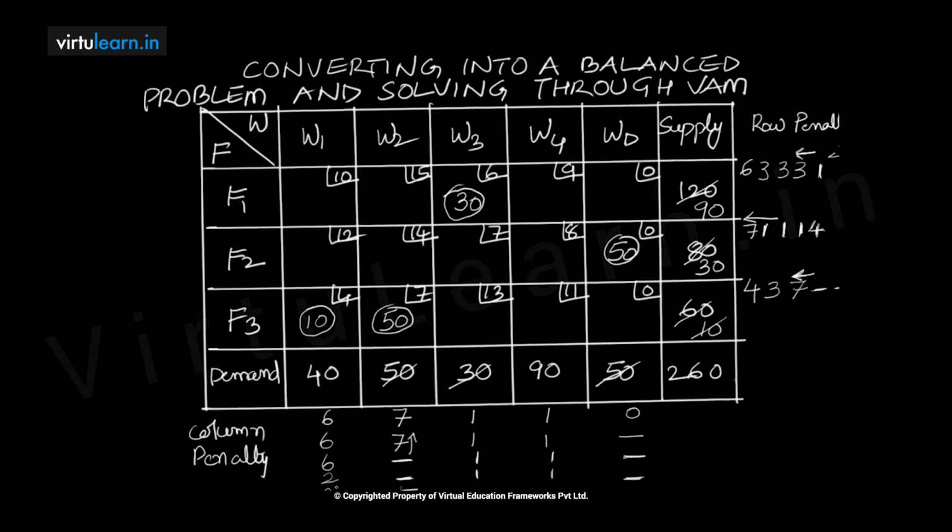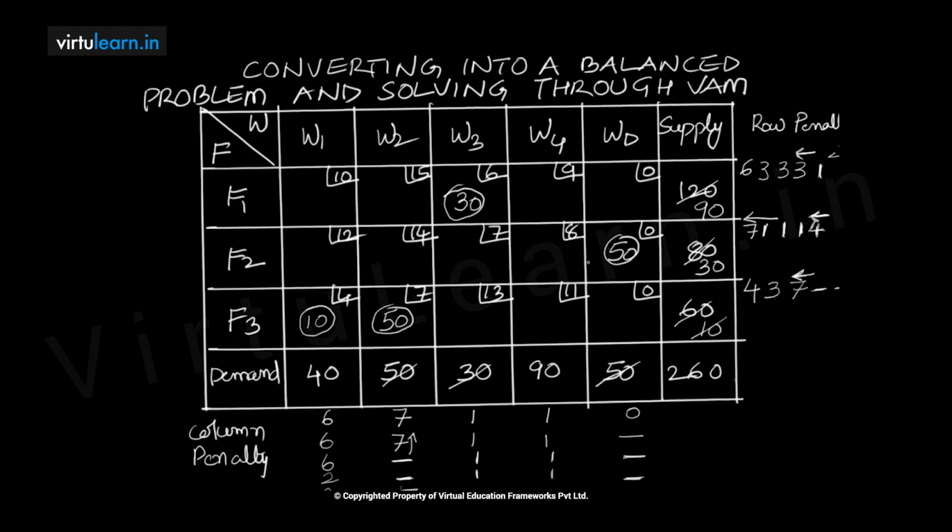Now if you see only 2. So here 4 is there. So here we have to make allocation. So that means in the second row.